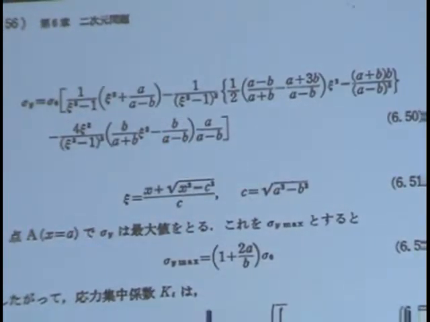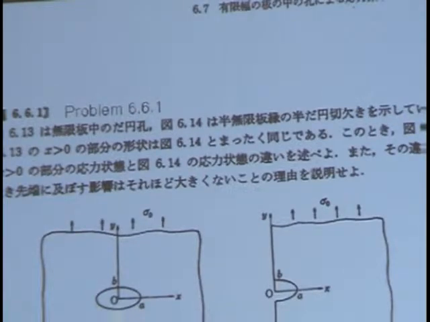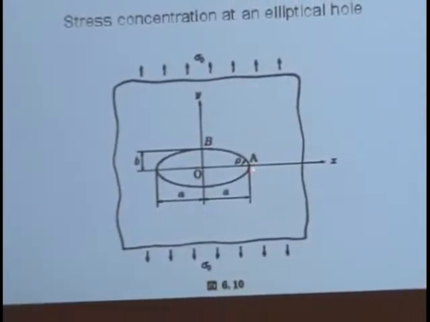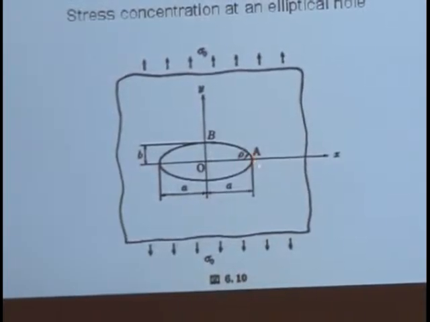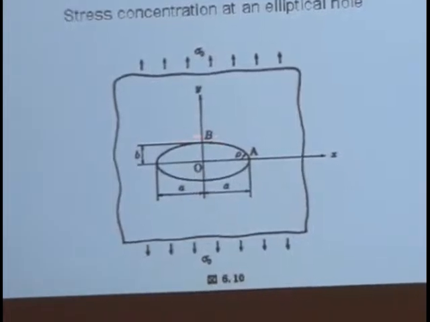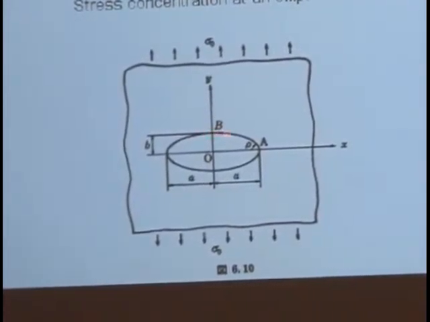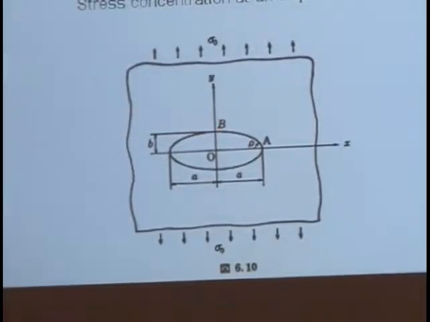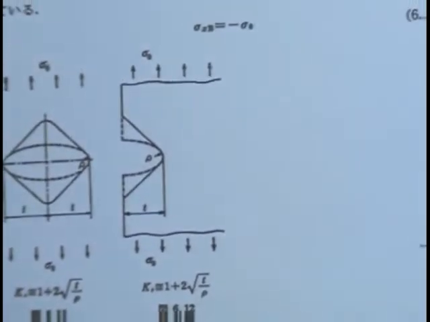And we are interested in finding the maximum stress here, the stress concentration factor at point A in this direction. And also we are interested in the value of stress sigma x at point B. And look at this solution.